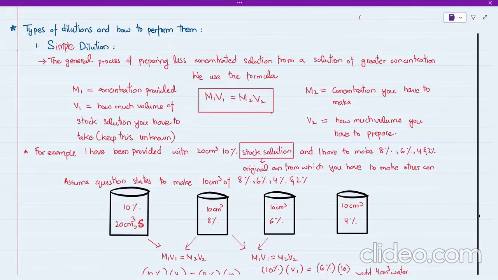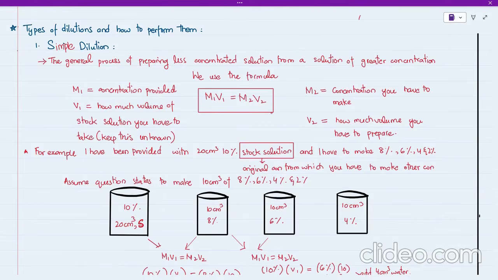So we use the formula M1V1 equals M2V2 in this type of dilution. M1 is the concentration that you are originally provided at the start, and V1 is how much volume of the stock solution, or the original solution, you are going to be taking.